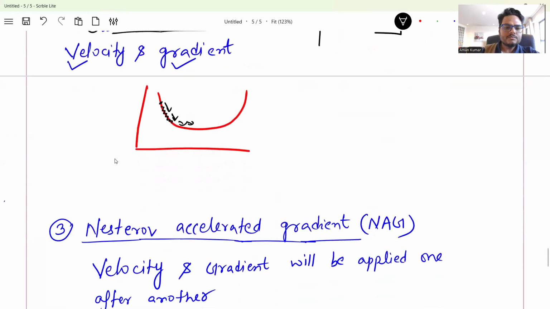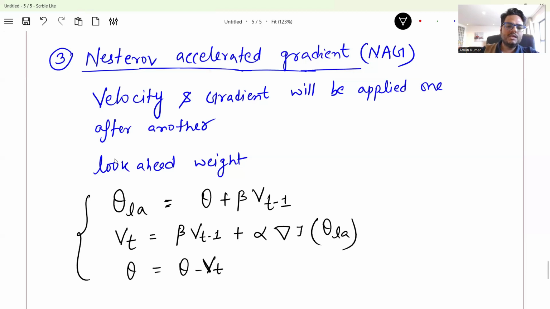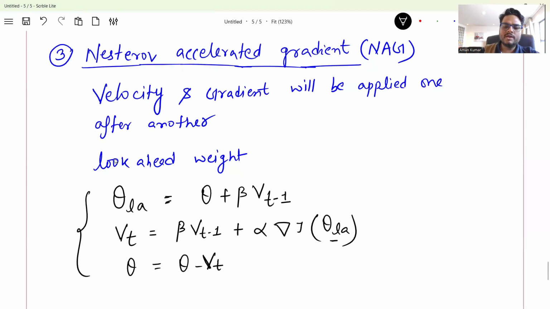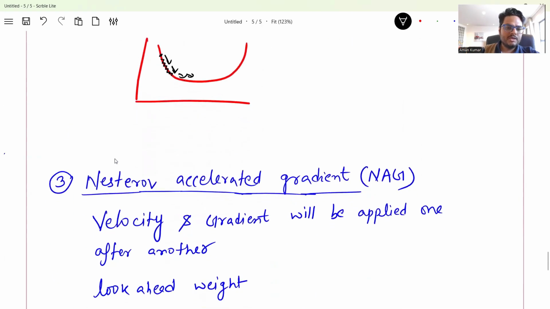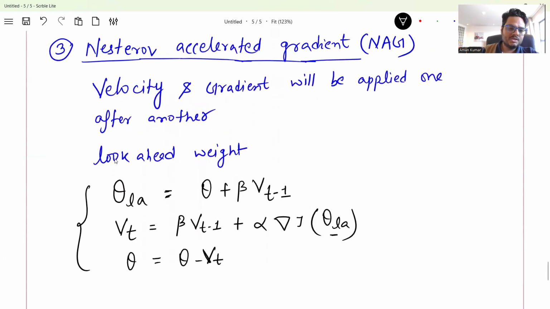The previous formula is basically the same, just that this weight is look ahead here and this weight is not look ahead here. So in NAG, we are telling the system not to do gradient and velocity both at one time.